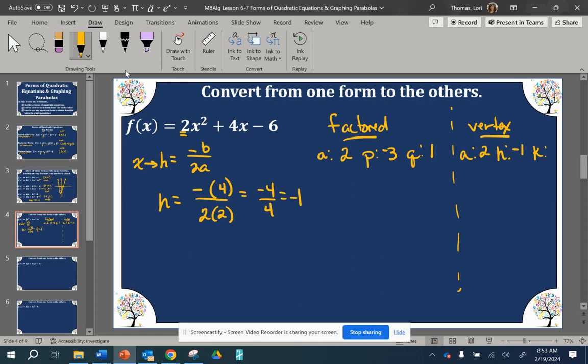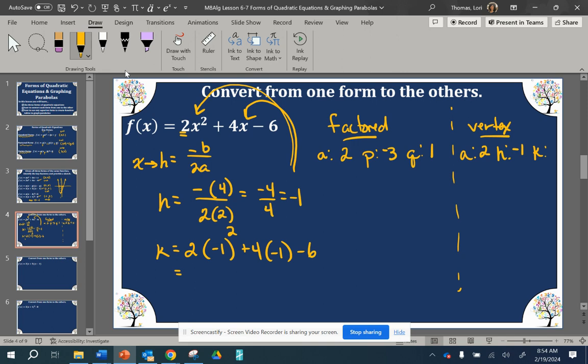To find the k value, we are going to take this x-coordinate and plug it into the function. So that's going to be the k value, the y-coordinate of the vertex. Please use parentheses when plugging in, especially when we have negative values. That's where I see common mistakes. Now we're going to do the order of operations.